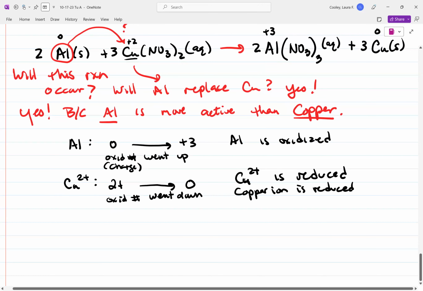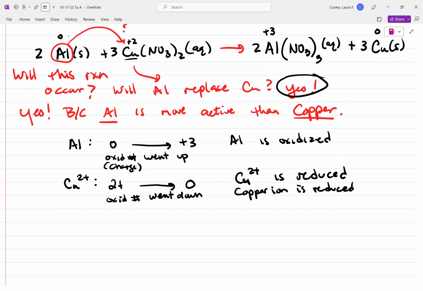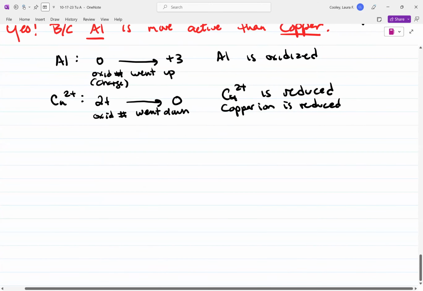Well, it depends on what you're asked to do. So will this reaction occur? And the answer is yes. Aluminum is more active than copper. Aluminum replaces copper. If there's no reaction, then lots of times I'll ask you to write the products of these reactions. And if there is no reaction, write NR. No reaction. Okay. All right.